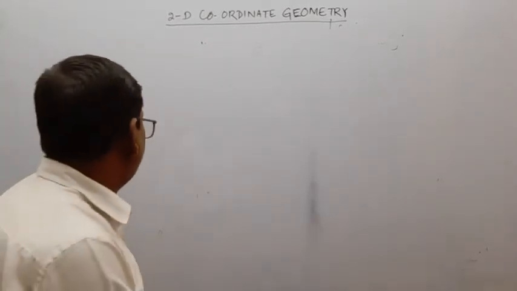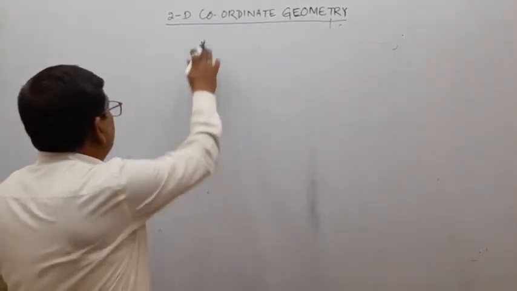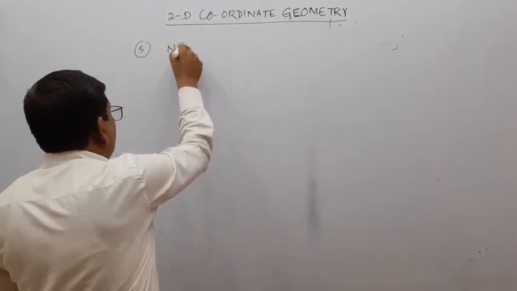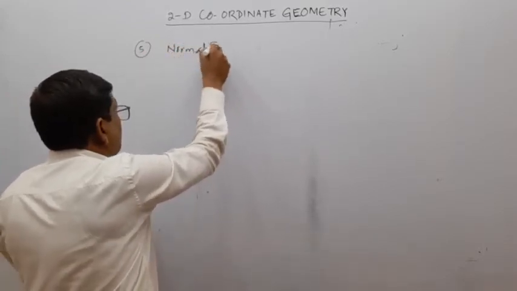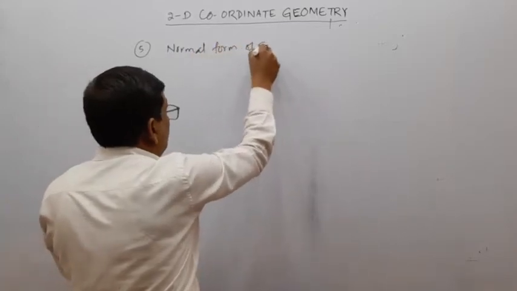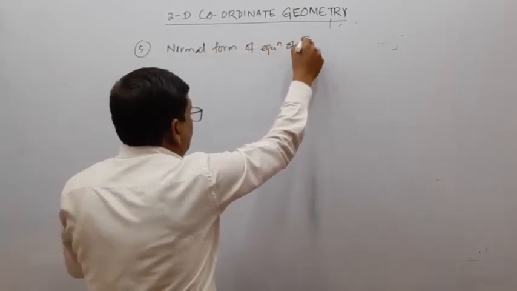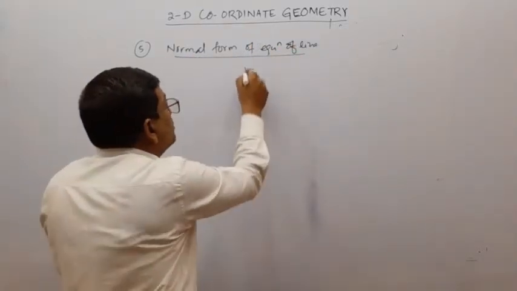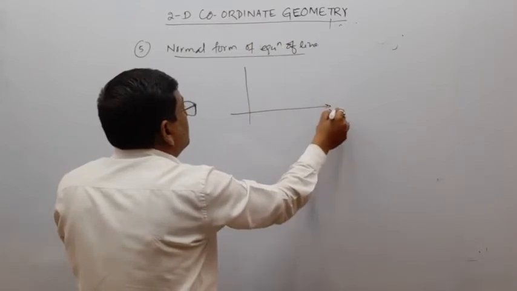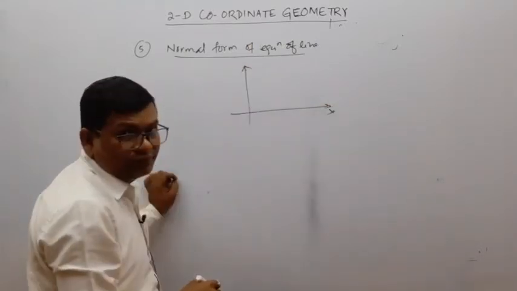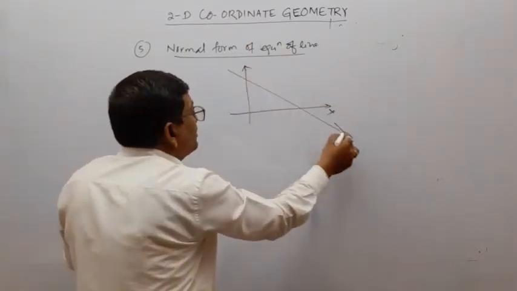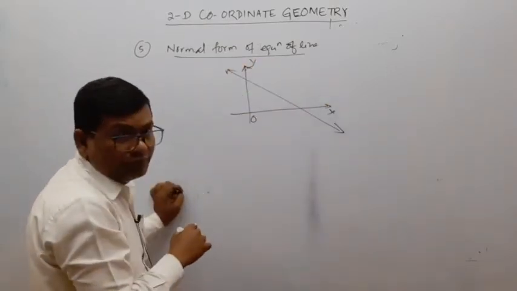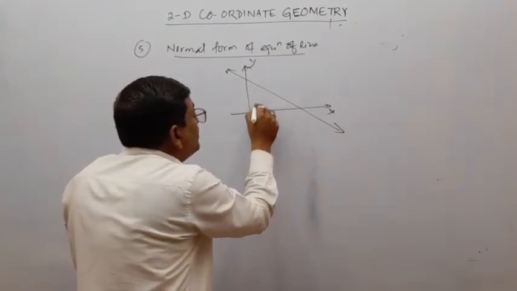Now the fifth form, that is the normal form of the equation of a line. Suppose this is the coordinate axis, x-axis and y-axis, and the line is like this. This is a straight line, this is the y-axis and this is the origin.